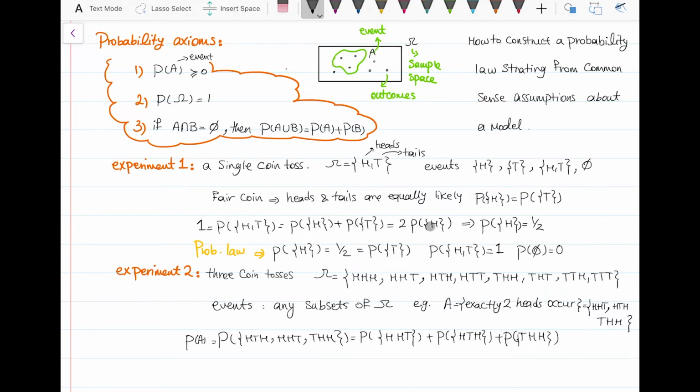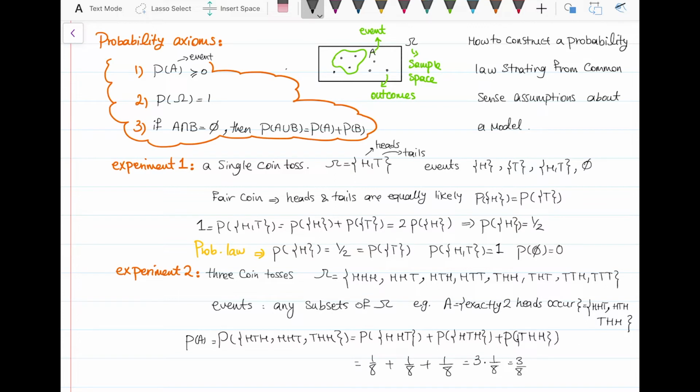If we copy what we did on the first experiment with a single coin toss, since we have fair coins, the probability of the sample space is 1, which is the addition of the probabilities of each of the outcomes. We get 8 of them, so the probability of each one of them would be 1/8. So I have 1/8 for head, head, tail, 1/8 for head, tail, head, and 1/8 for the last one. So we get 3 times 1/8.